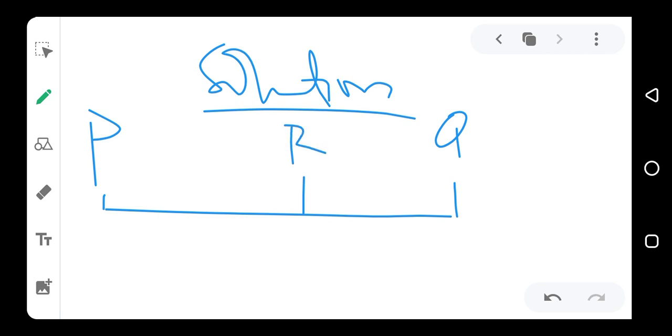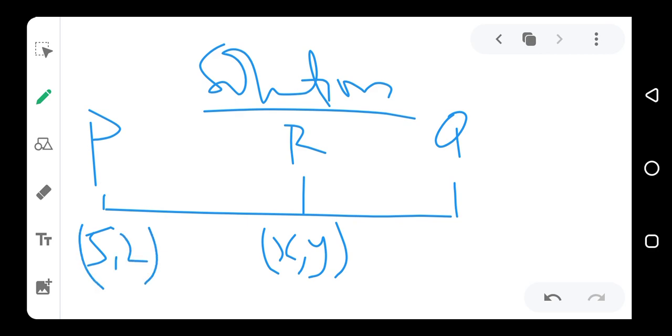This is R. Now our problem is to find the coordinates of R, which is, let's call it X, Y. We are given P as 5, 2, and Q as 3, 7.